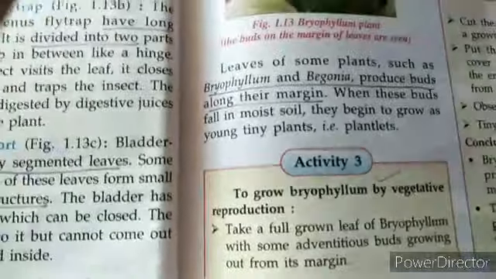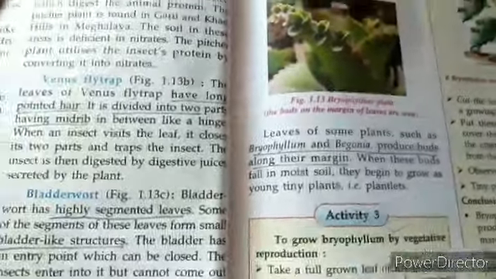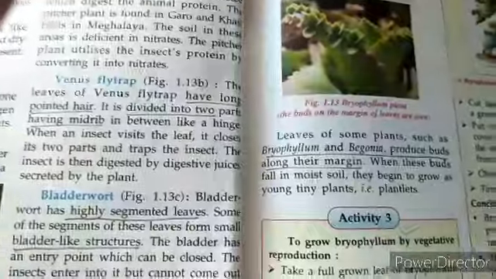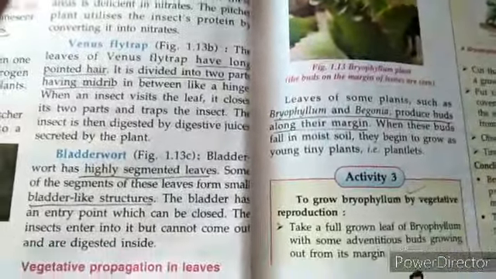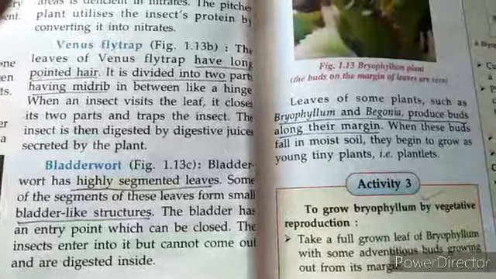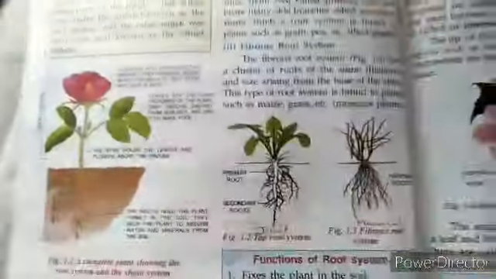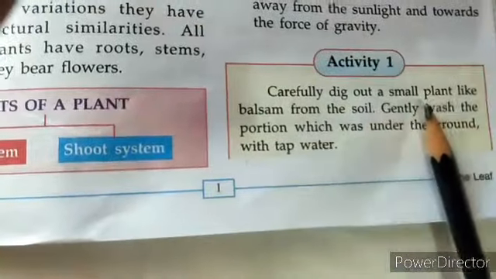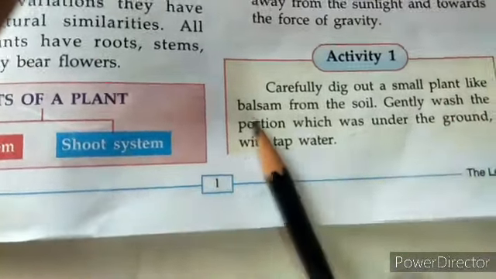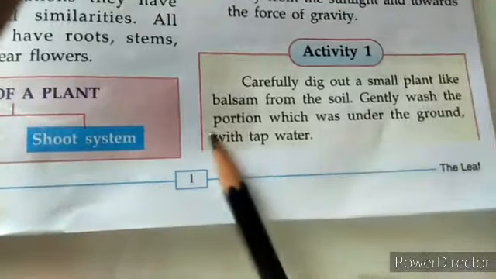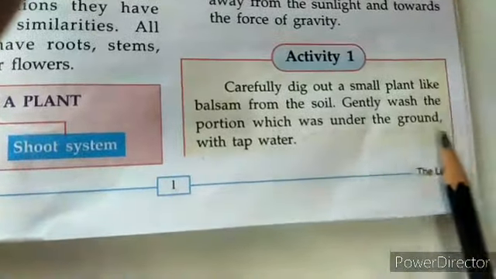So we came to know about vegetative propagation as well. With that, we actually come to the end of this particular chapter when it comes to reading the text. This chapter actually has 3 activities. If we have a look here, activity 1 says: carefully dig out a small plant like balsam from the soil, and gently wash the portion which was under the ground with tap water.